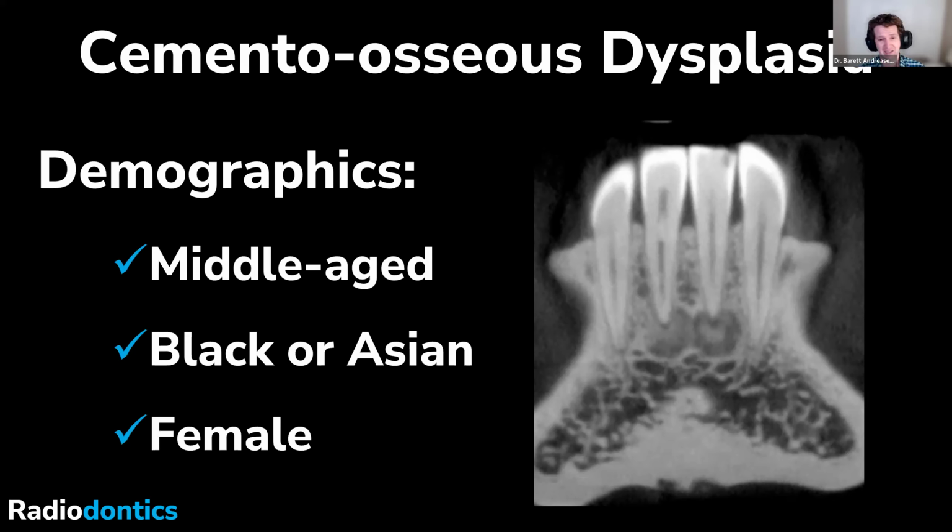Typically, whenever I get a case sent to my private oral radiology practice, if the doctor has put in the notes like, hey, there's some kind of radiopaque radiolucent lesion, patient's a Black 35-year-old female, I almost don't even have to open up the scan because I know it's going to be cemental osseous dysplasia. Obviously, I still open up and look at the scan, but 99.999% of times it's going to be cemental osseous dysplasia just because it has such a predilection for these patients.